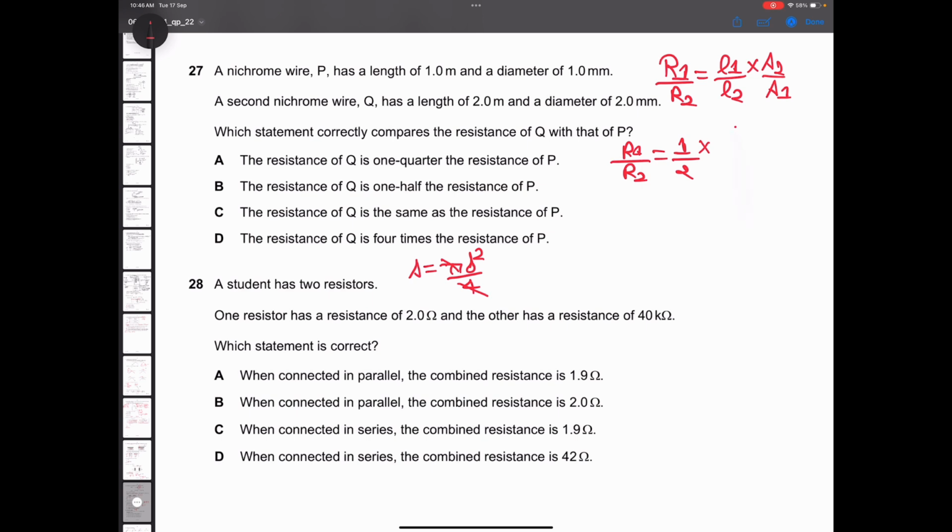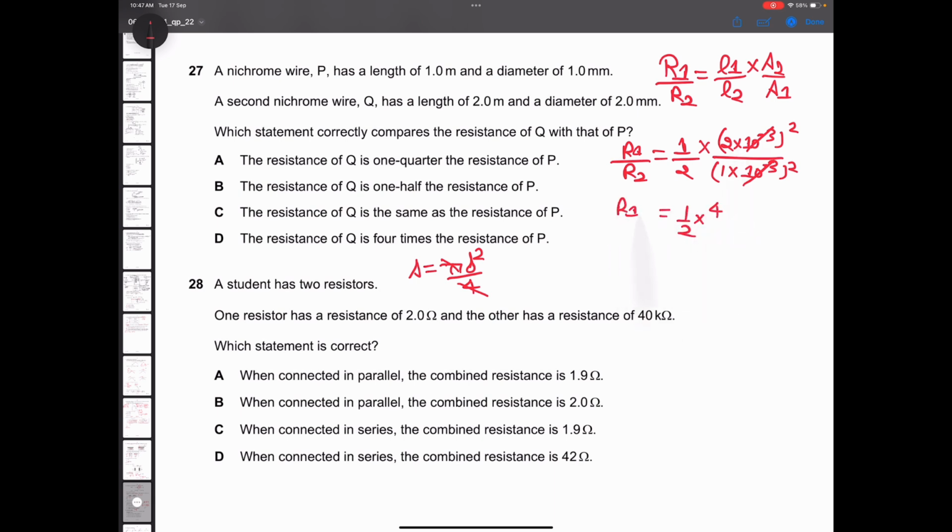So in place of A2 I can directly write 2 into 10 to the power minus 3, square, and for A1 I can write 1 into 10 to the power minus 3, square. Now ultimately this will get cancelled out, 10 to the power minus 3 square will get cancelled out. So you're left with 1 by 2 and 2 square will be 4.